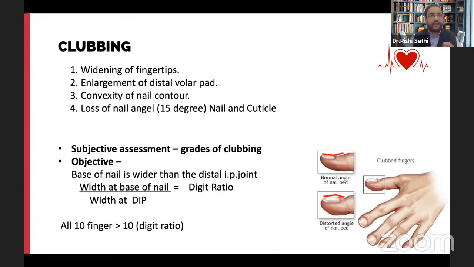So for each finger, you can divide the width at the base of the nail by the width at the distal interphalangeal joint, and that would be a digit ratio. Once the base of the nail is broader, the digit ratio would be more than 1. So when you add up the digit ratio in all the 10 fingers, if the value is more than 10, then your patient can be objectively called to have clubbing.